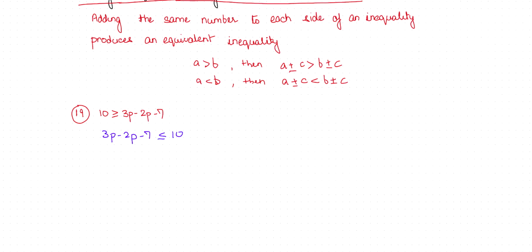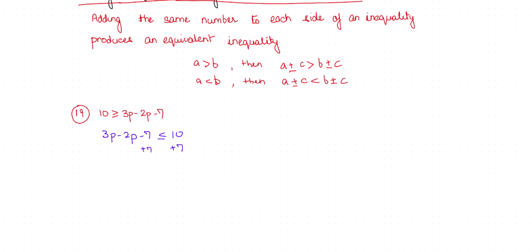So let's add 7 to both sides, so that -7 plus 7 is 0. We are using the addition property of inequality, adding the same number to both sides. That is also an equivalent inequality.